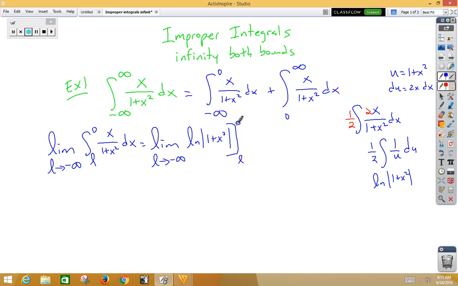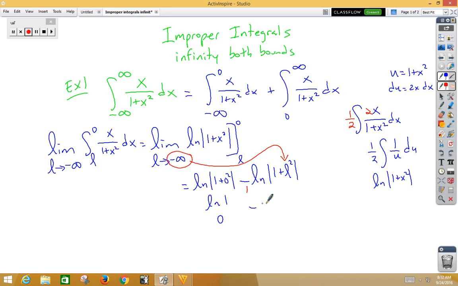If I plug in for that, I get the natural log of the absolute value of 1 plus 0 squared, which would just be the natural log of 1, which is 0, minus the natural log of the absolute value of 1 plus L squared. Now remember, we're going to negative infinity. So because of that negative, this is going to be negative infinity. This problem diverges, which many of them do.